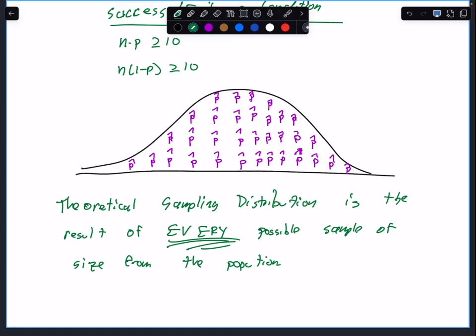In other words, it's actually 12 people in here. So, how many different ways can I sample 5 students from 12? And what would your p-hat be?